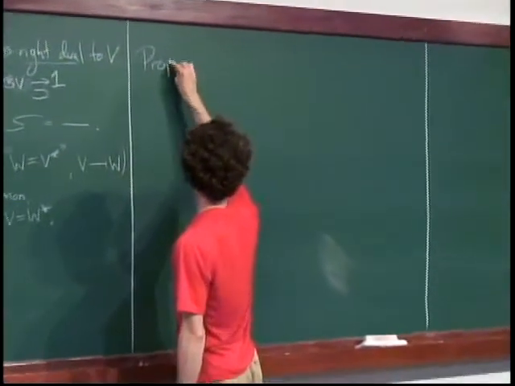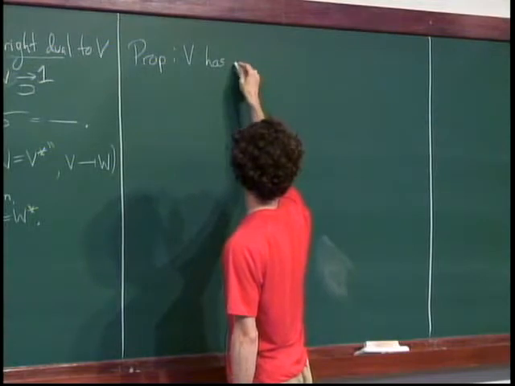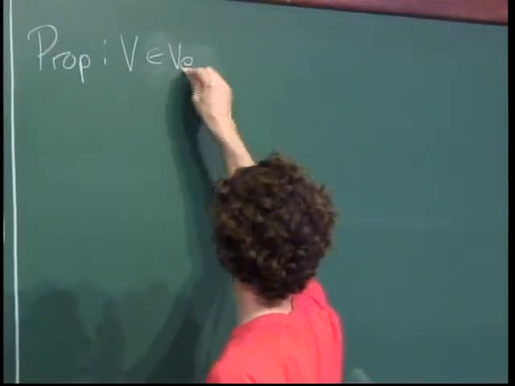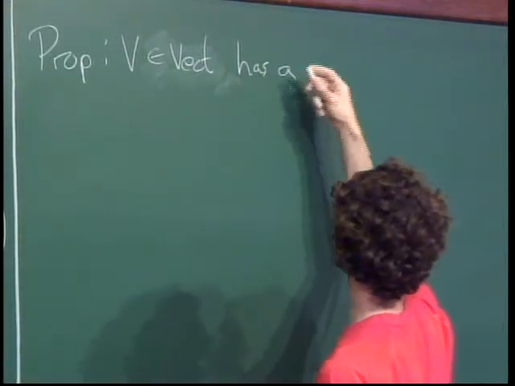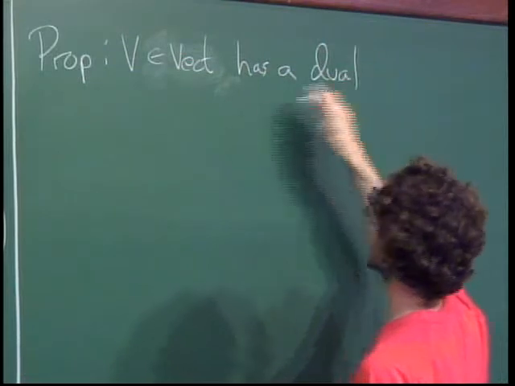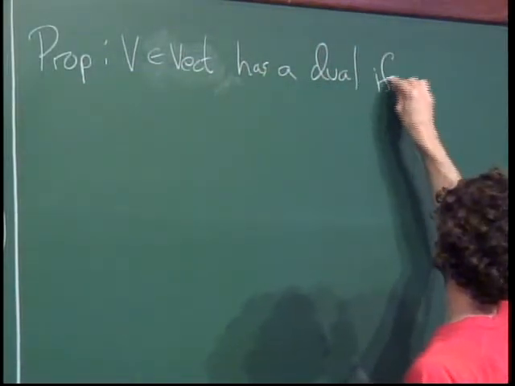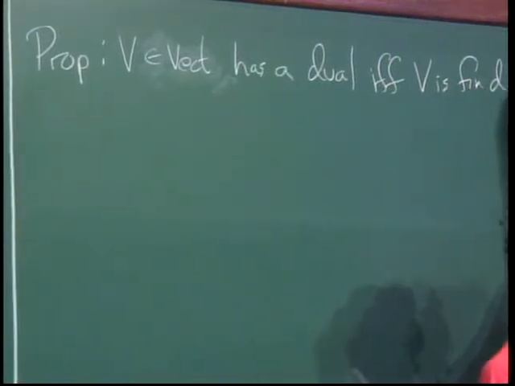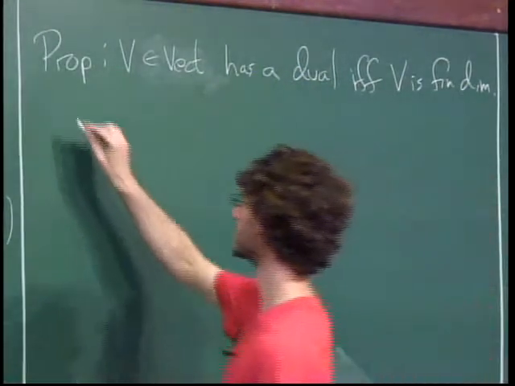So the proposition is that V, now thinking about V as an actual vector space, has a dual. Vect is commutative, so I didn't have to say left or right dual, if and only if V is finite dimensional. So let's actually prove this.